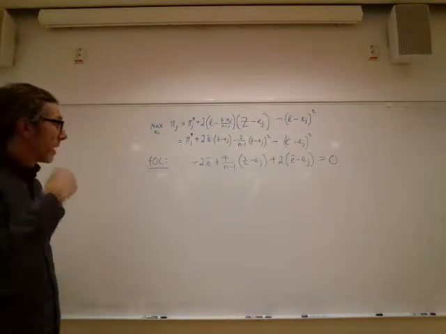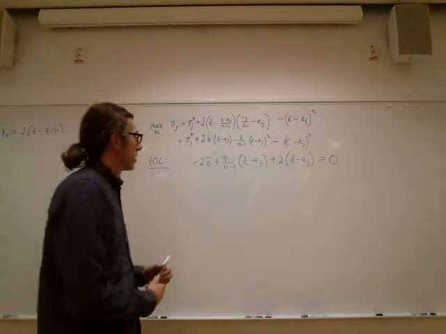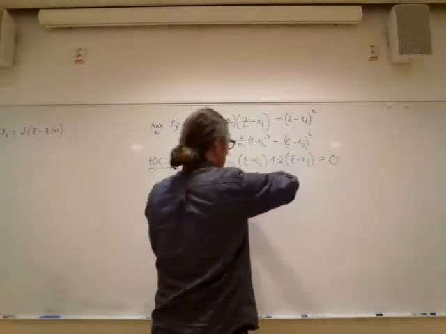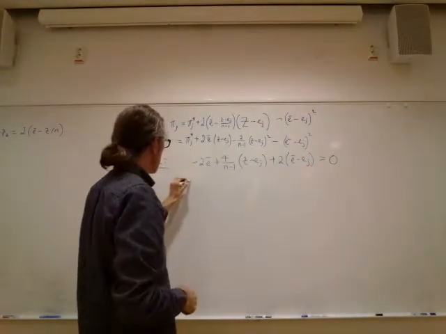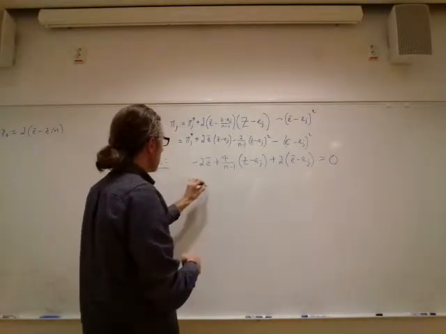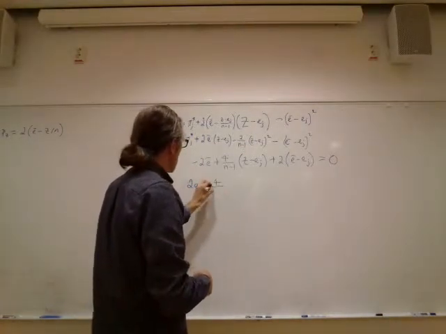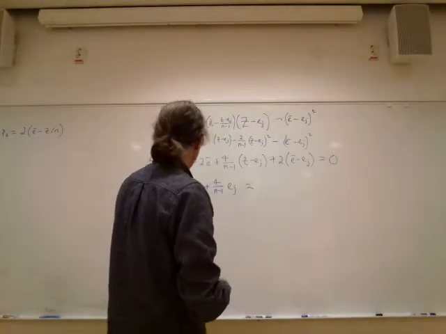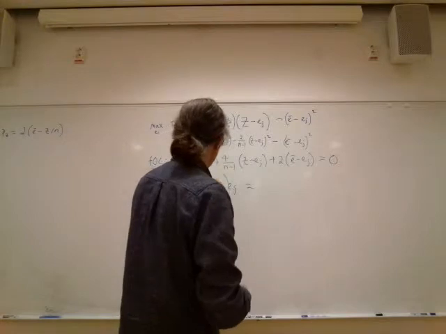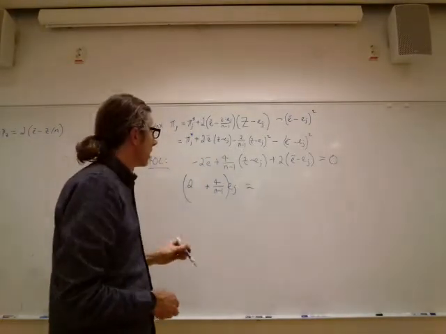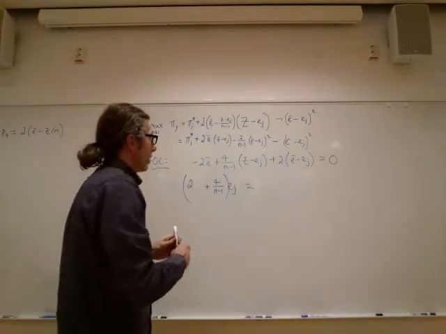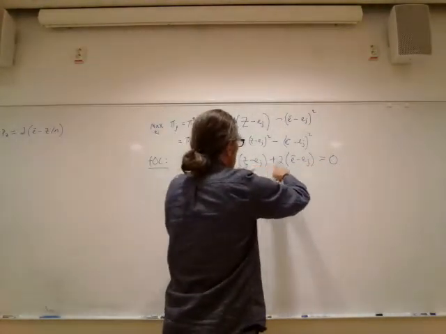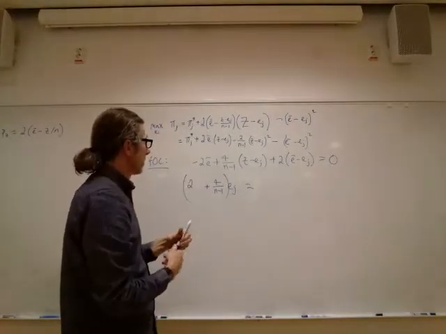Which isn't looking too bad at all, is it? So if we collect terms in Ej on this side, but then take a mirror image, we end up with 2 Ej plus 4 over n minus 1 Ej, or 2 plus 4 over n minus 1 times Ej equals, so that's that taken over and that taken over, and the rest is still on this side.